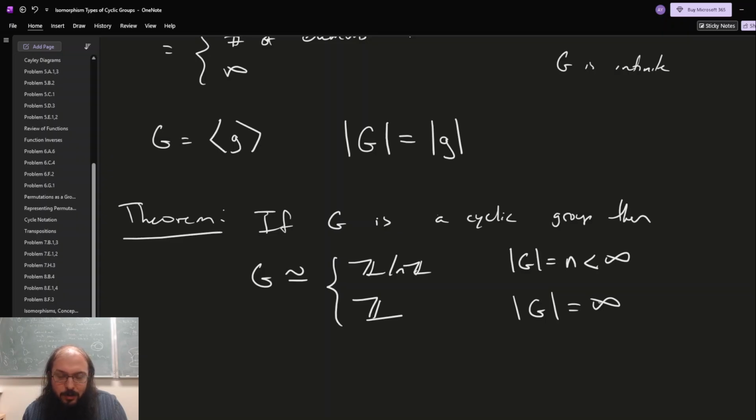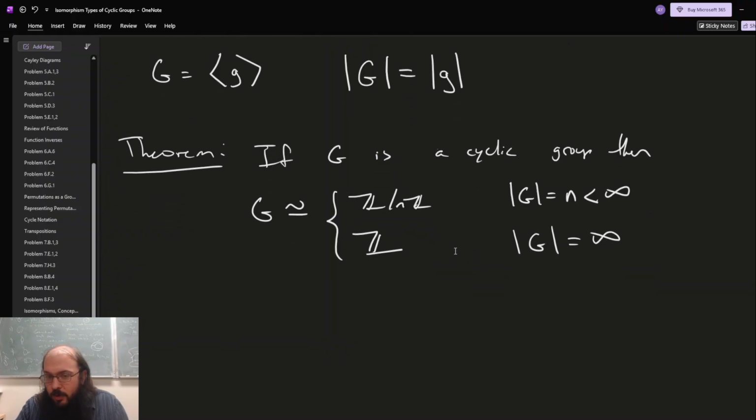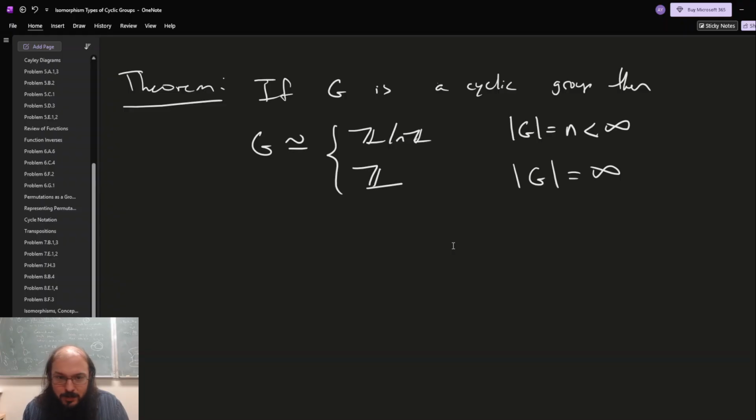And so how does such a proof go? Well, in the last video, we discussed the order of specific elements, and now we're going to be basically just leveraging that order discussion as follows. I need to construct an isomorphism phi from G to one of these things. I could probably split this up into two different cases, but the two cases are basically the same. So we're going to wave our hands just a little bit, and you guys are going to see how the pieces fit together.